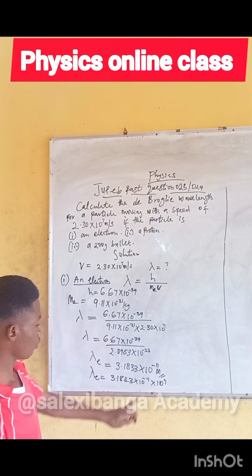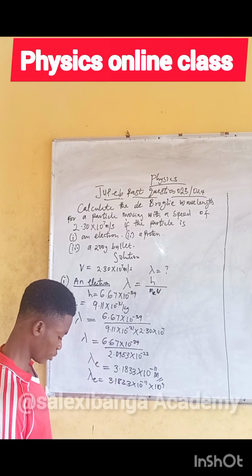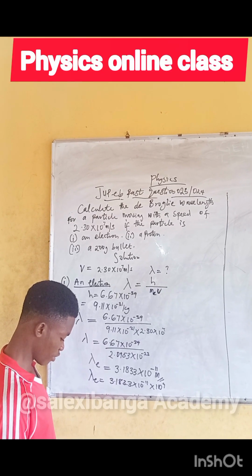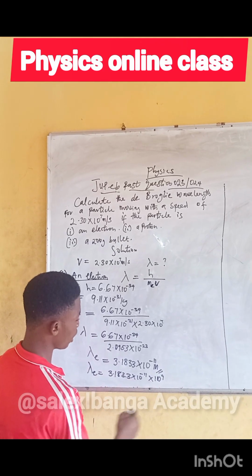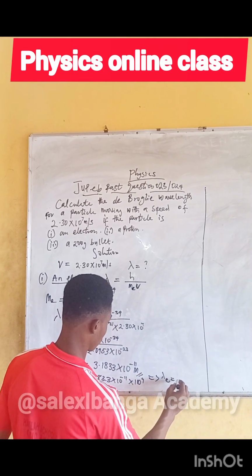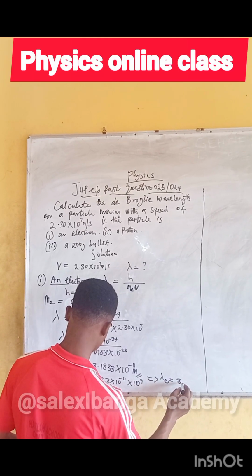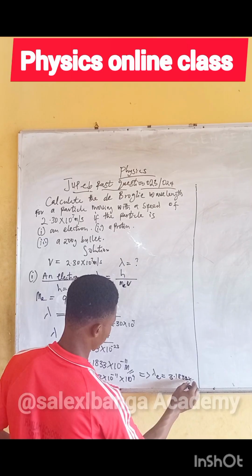So I will quickly subtract: minus 11 plus 9 gives us minus 2. So that means our lambda for electrons is giving us 3.1833 times 10.